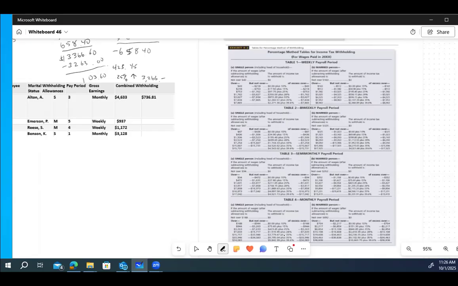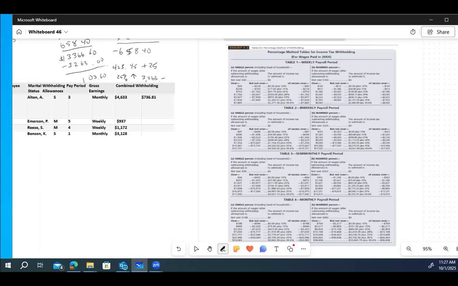So $103.60 is subject to a 25% tax. That's not too bad. 103.60 times 0.25 equals $25.90.